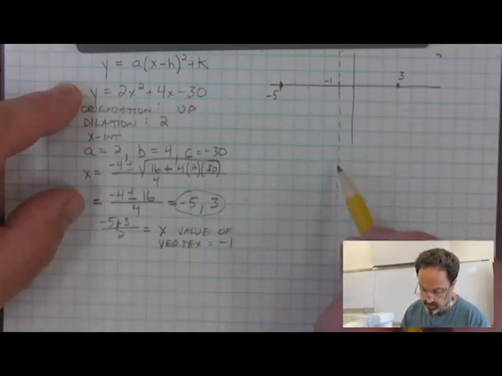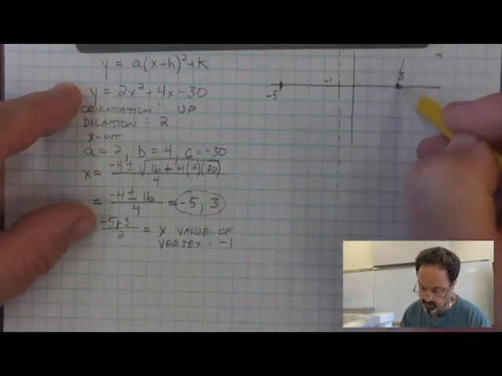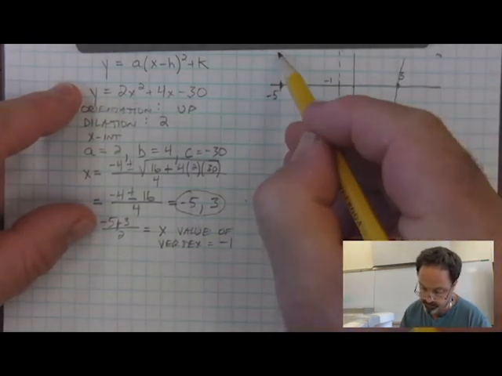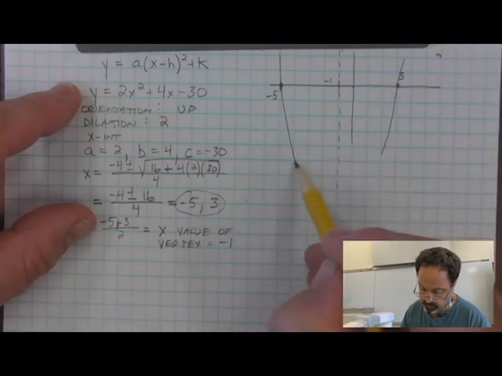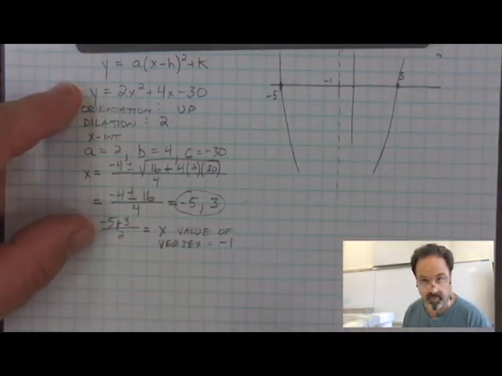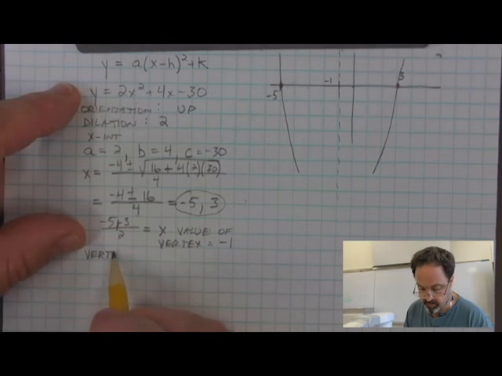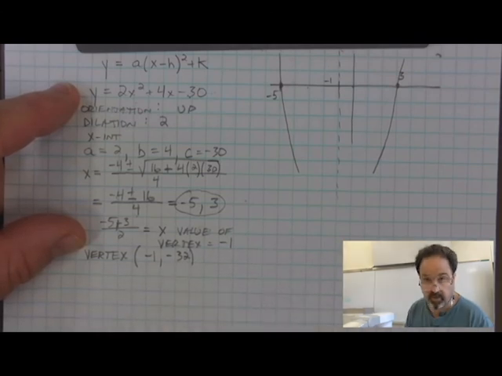So way down at -32, I have the vertex of my parabola, which might be off my page. It's so low. The vertex coordinates are (-1, -32), and in graphing form, that's the value of h and k.